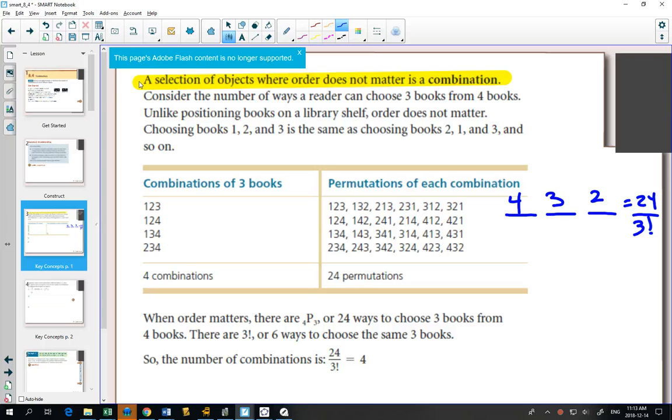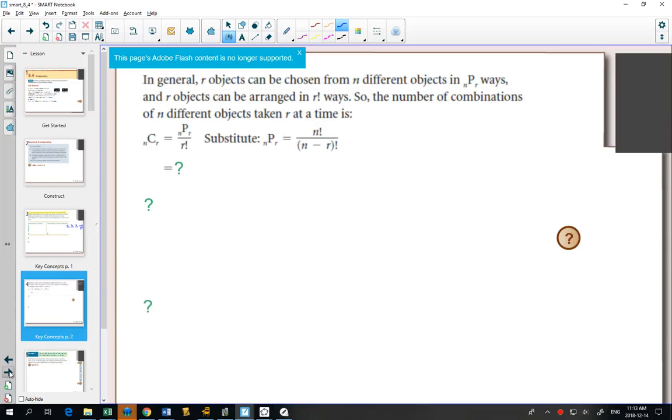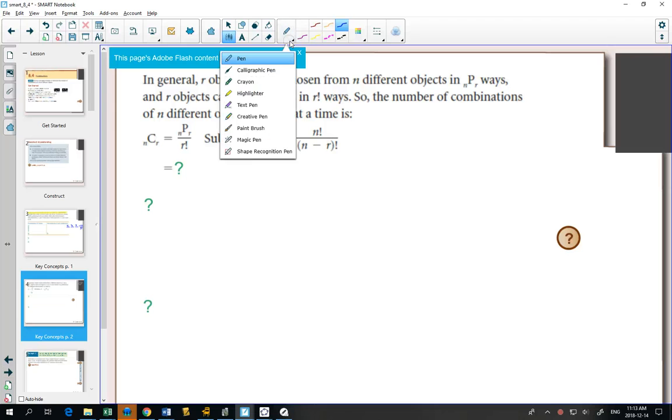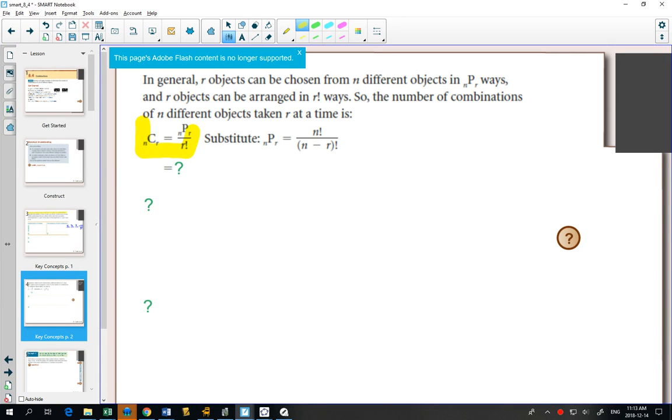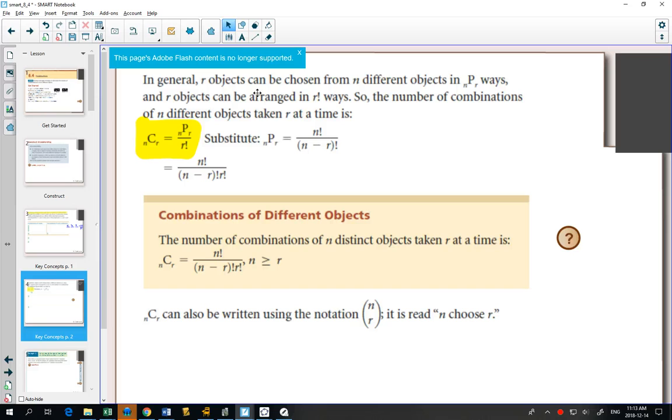The combination formula then says take your permutations formula, I'll highlight it right here. Combinations formula says take your permutations formula and divide out the order. If we want to see what that looks like on our formula sheet, it looks like this.